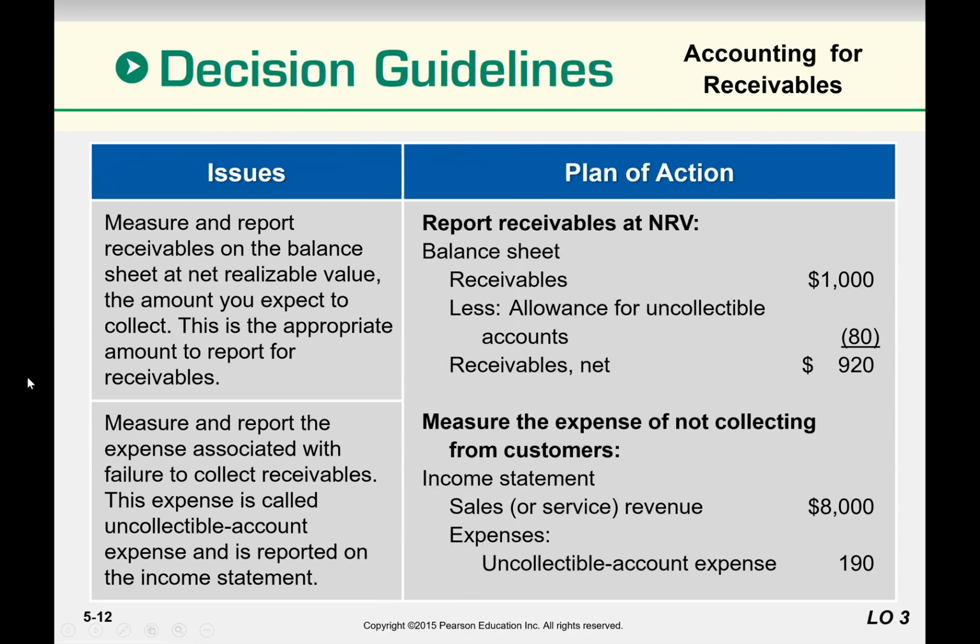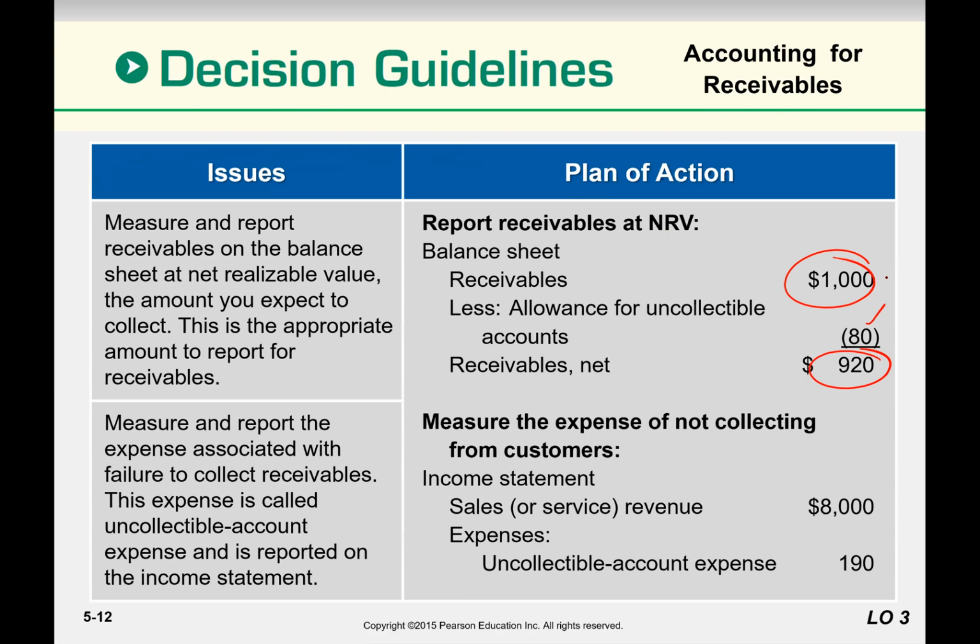So, issue: measure and report receivables on the balance sheet at net realizable value. What does it mean? It means 1,000 are the receivables, and we expect that $80 is not going to be received from the customer.